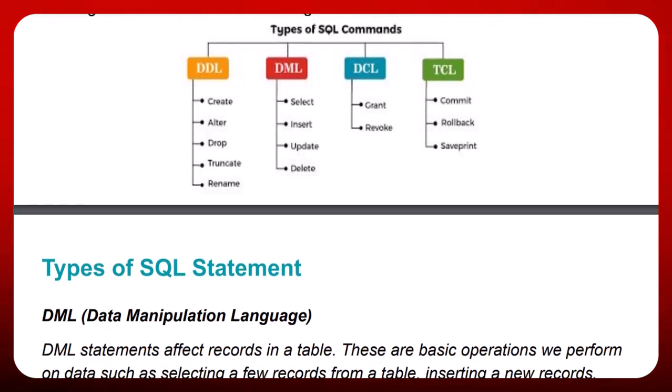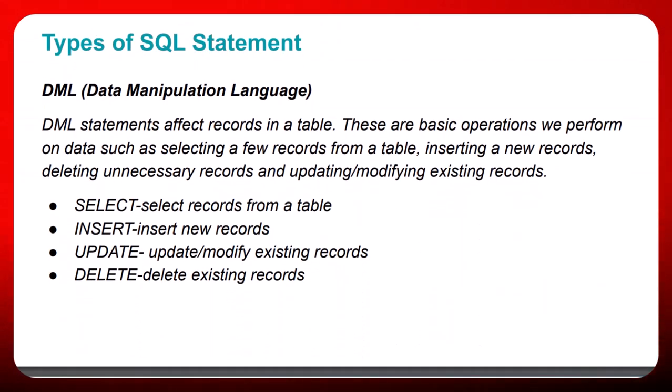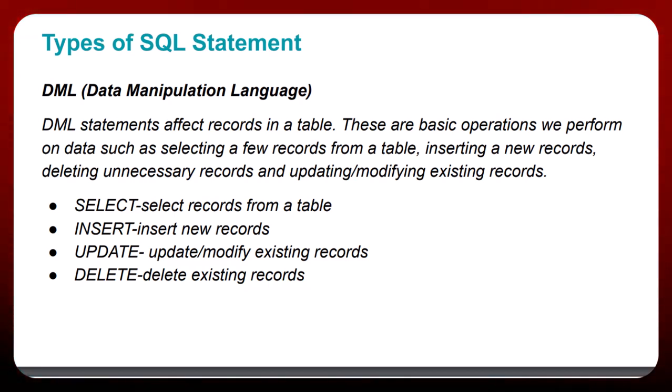But what's DML first? Data manipulation language. Wherever we need to select some data, insert some data, update data, this is called DML. DML statements affect records in the table. These are basic operations we perform on data, such as selecting a few records from a table, inserting a new record, deleting unnecessary records.